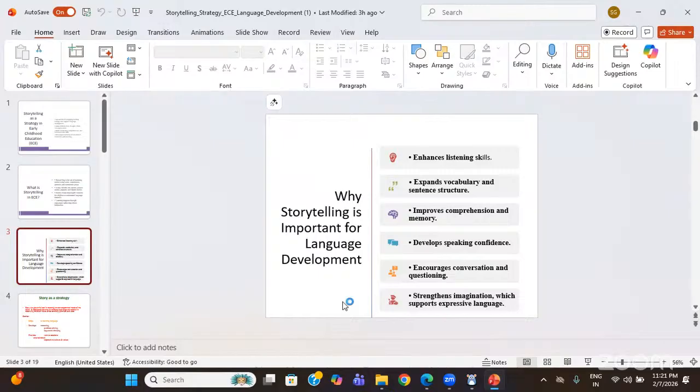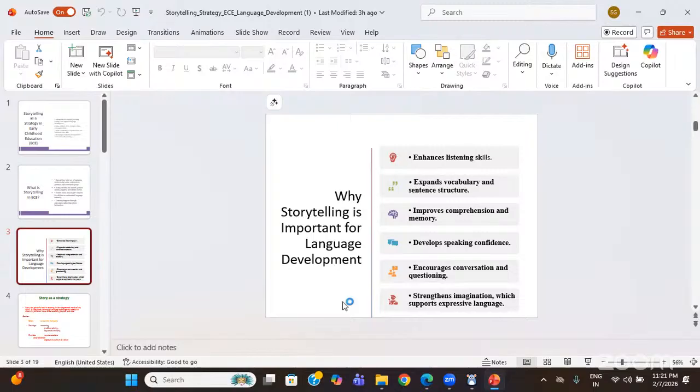Suppose the teacher is reading a lesson, the child should be able to listen intently so that with that auditory discrimination, he will learn how to spell a word more correctly. That is why stories enhance their listening skills, and expand vocabulary and sentence structure.